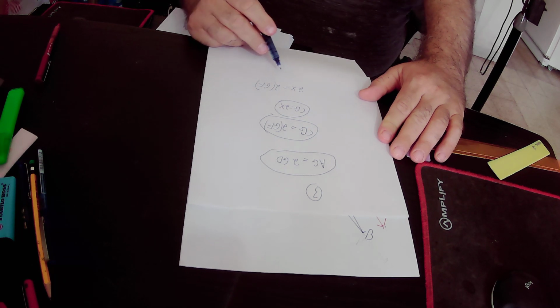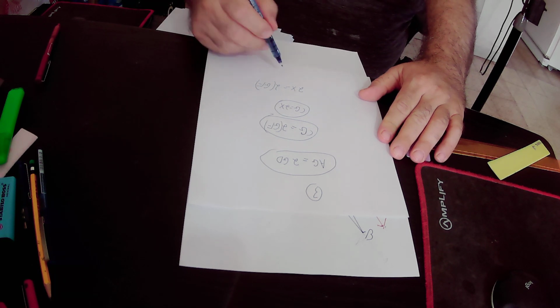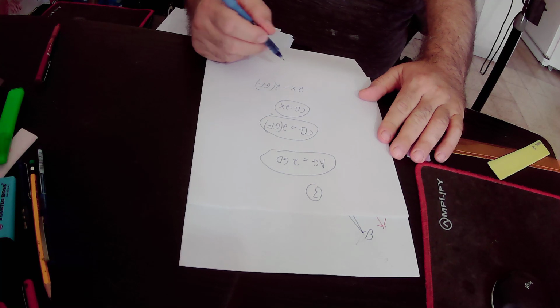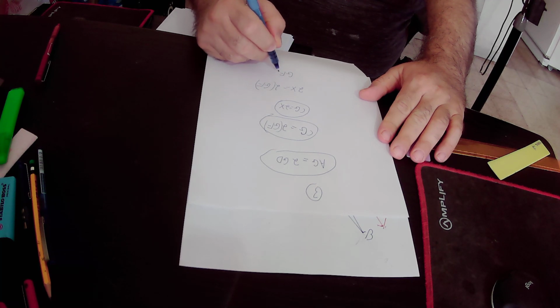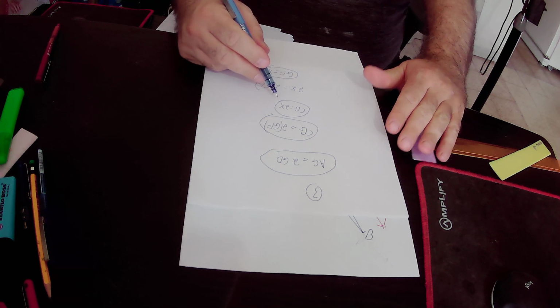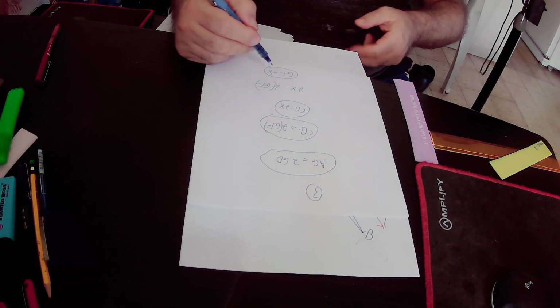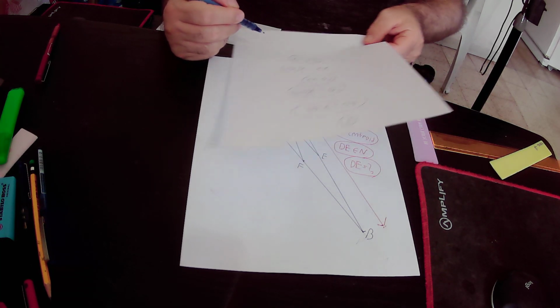We divide this equality by 2, and we get that GF equals x. So we found out that if CG equals 2x, then GF will be equal to x.